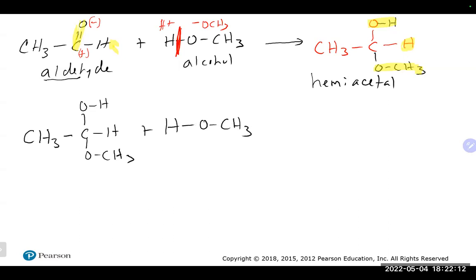And it works the same way. You could think of this alcohol as adding the same two things, like H plus and OCH3, which is really negative.